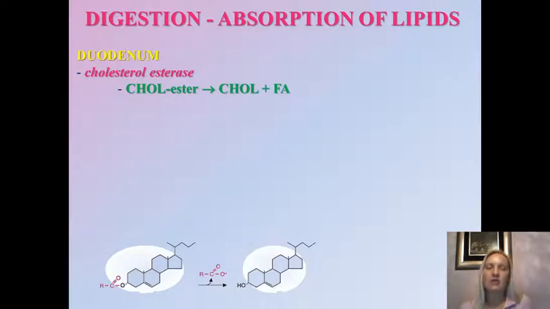There are some other enzymes also active at the level of duodenum, digesting some other lipid molecules. Cholesterol esterase is the one hydrolyzing cholesterol esters, as you can see here, to free cholesterol and fatty acids.